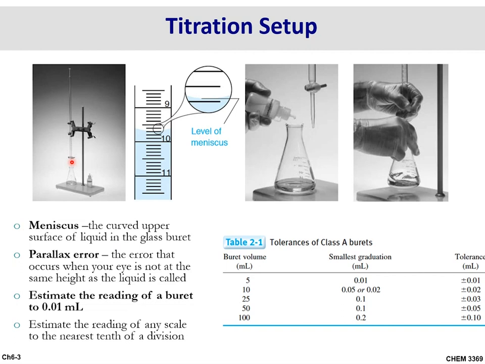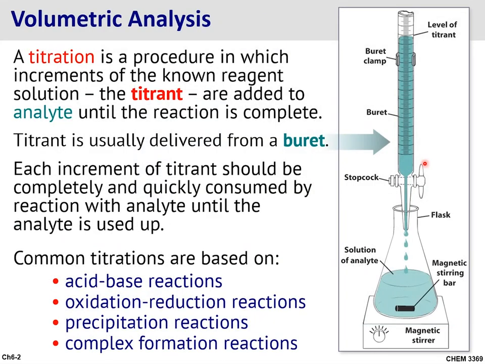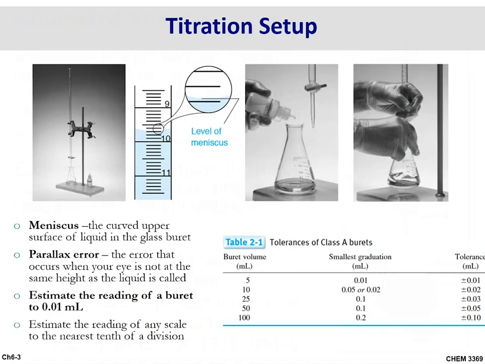We can deliver the liquid from the burette using the stopcock. This is the stopcock here. We just open it and close it, and it allows you to deliver less than a drop of titrant at a time. This way we can measure the volume quite accurately.